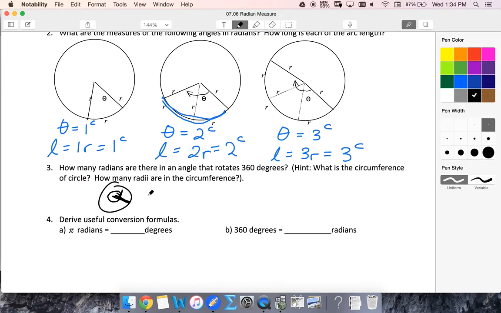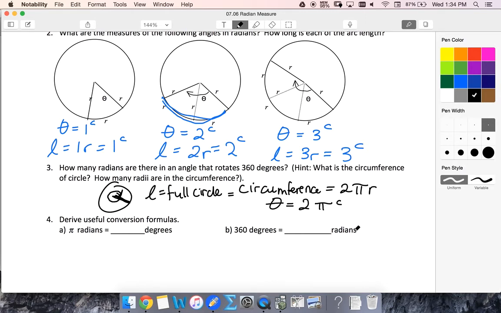The arc length, the full circle, is of course the circumference. And of course circumference is 2 pi r. Well, matching up here, 2r turned into 2 radians, 3r, 3 radians. So that must mean my theta is 2 pi radians.